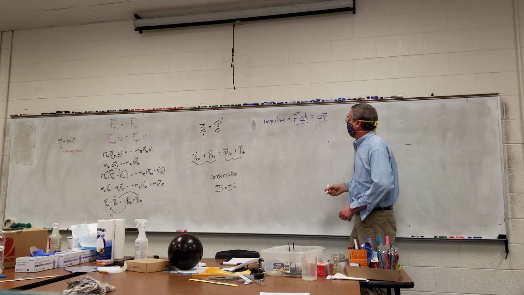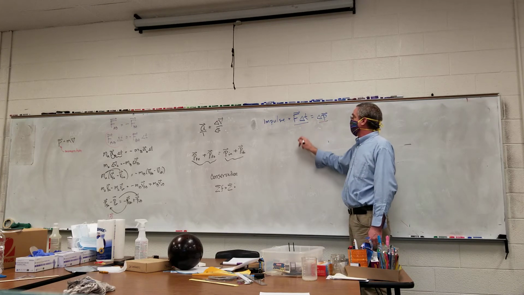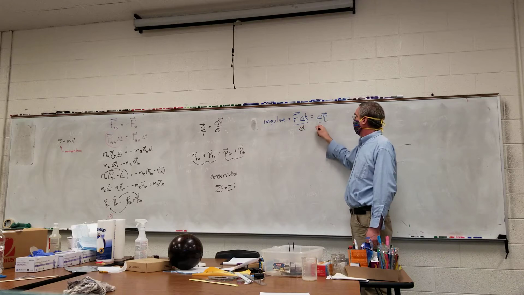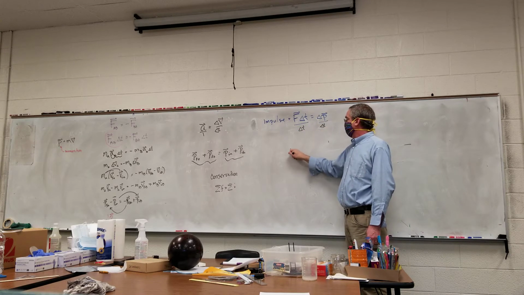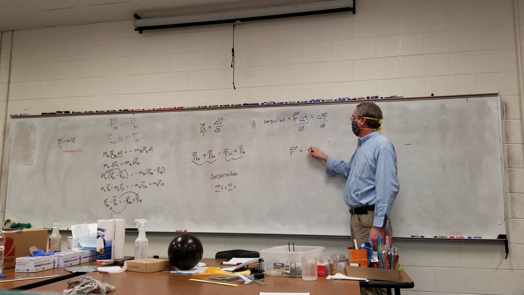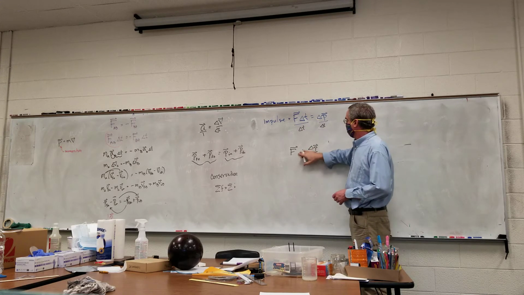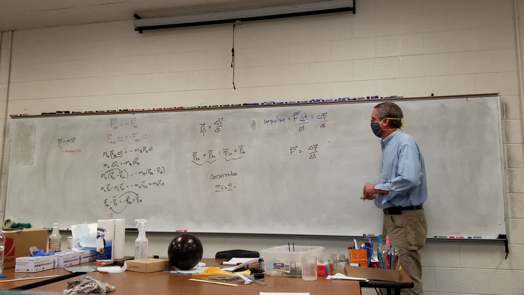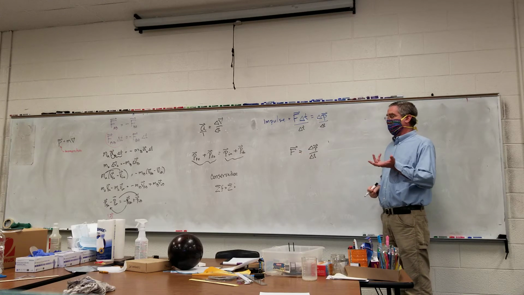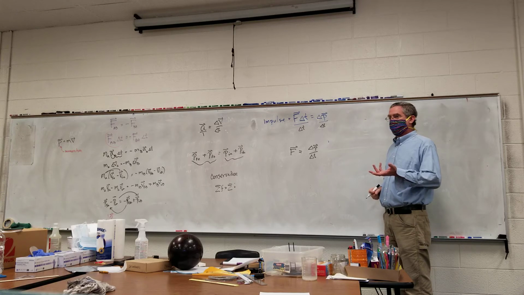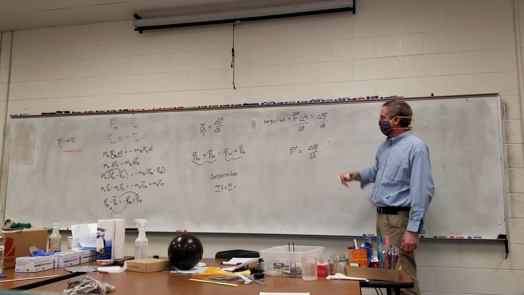A side note, if those are equal to each other, then if I divide by time, I get F is equal to the change in momentum over the change in time. And what is the formula for momentum? MV. Yes, just like it's written over there.